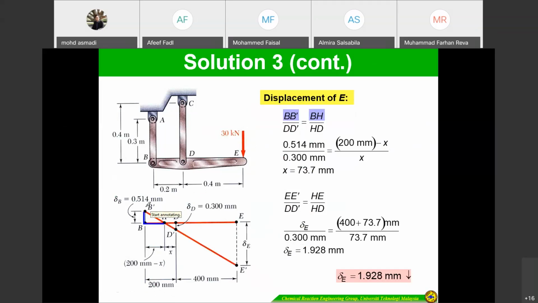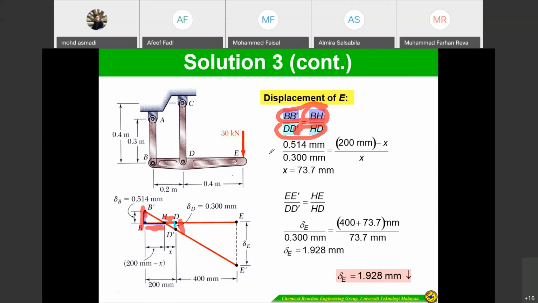If you look here, BB divided by BH, and then we can also get DD divided by DH. If you rearrange, we can get this equation. Since we want to make it similar, DD equal to HD, this DD and BB, same, and HD is similar to the BH.